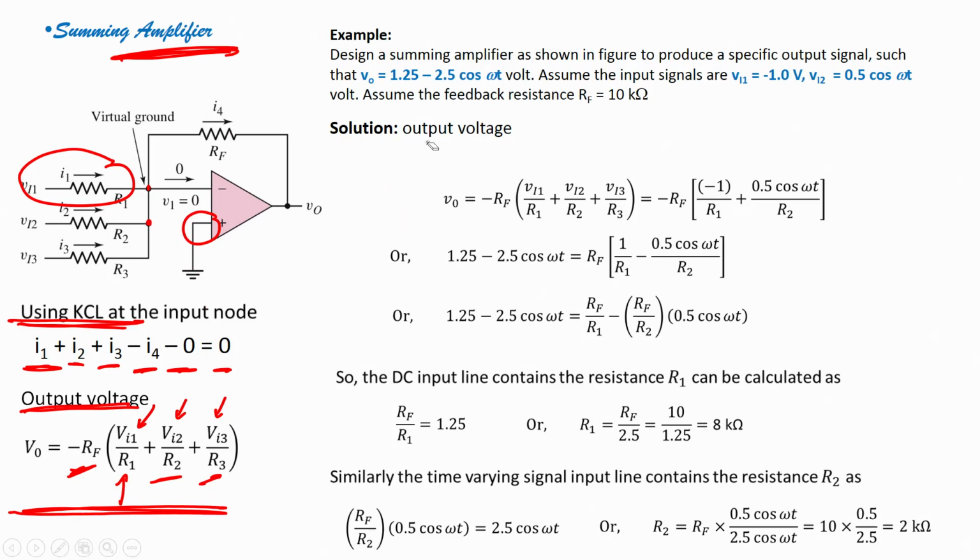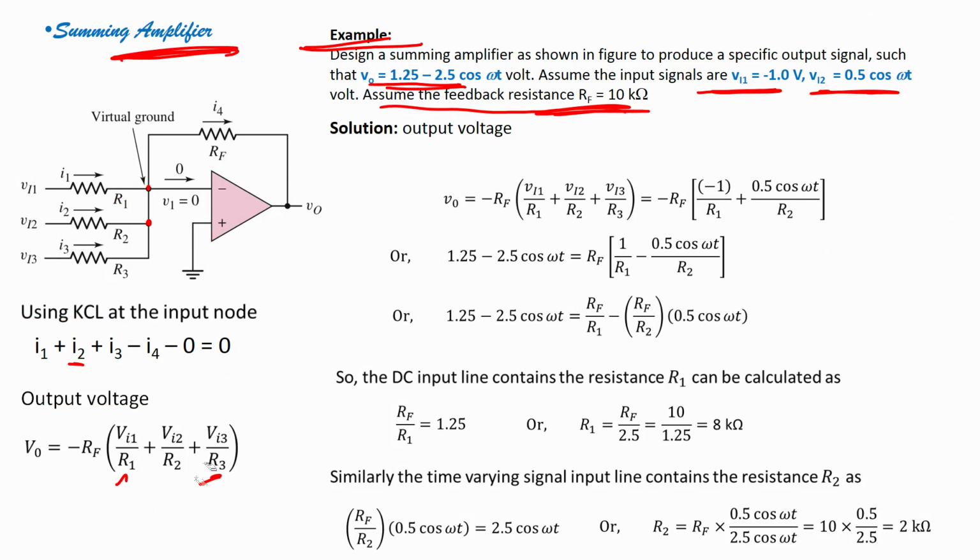Now, if you are given an example, which is right in front of you: design a summing amplifier as shown in the figure to produce a specific voltage such that VO equals this. Assume that V1 is this, V2 is this, and feedback resistor RF is 10 kilo ohm. Now, if you see closely, you are given Vin1, you are given Vin2, but you are not given anything about Vi3.